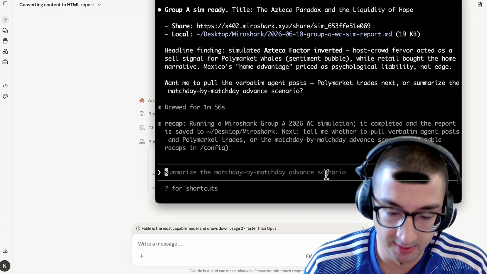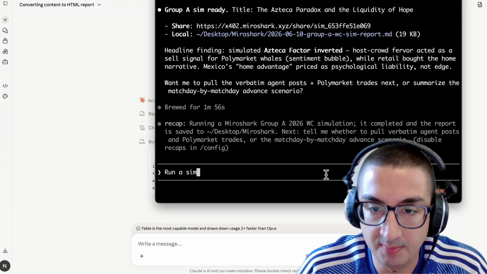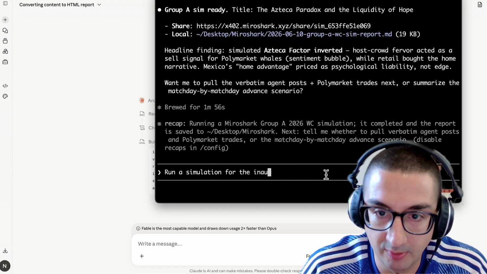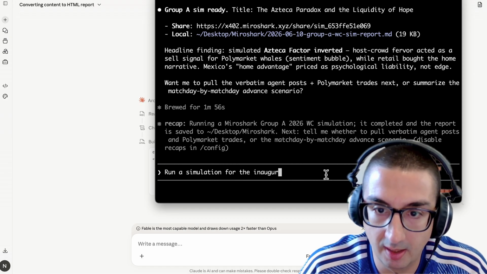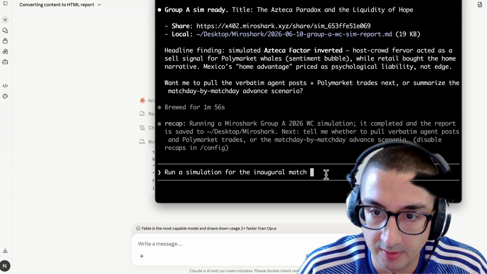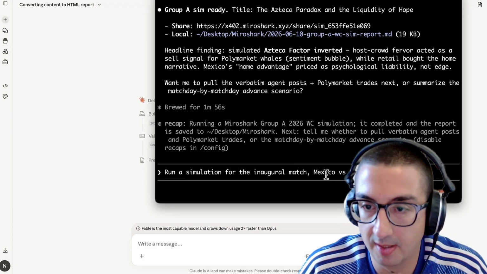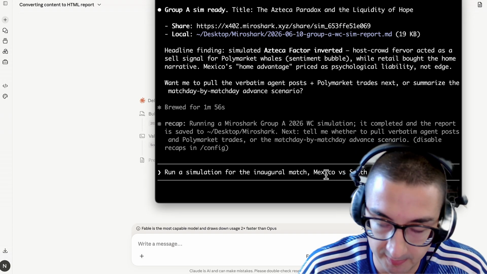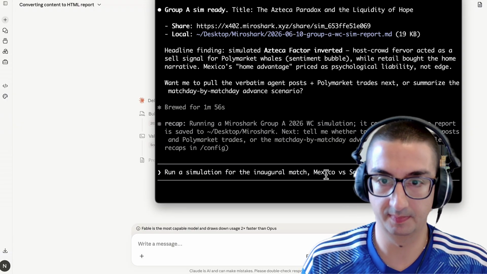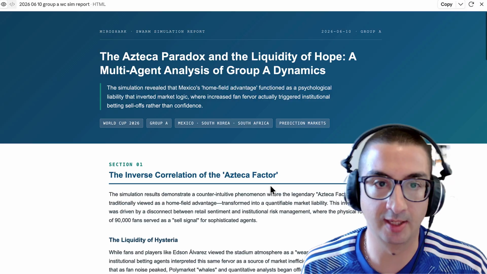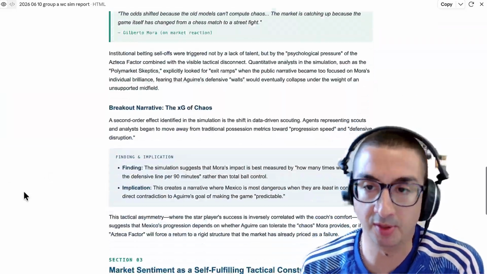So, run a simulation for the inaugural match, Mexico versus South Africa. Okay, so that we will have it ready as soon as we finish reading the report about the group.